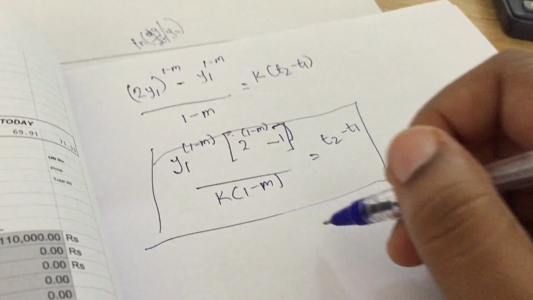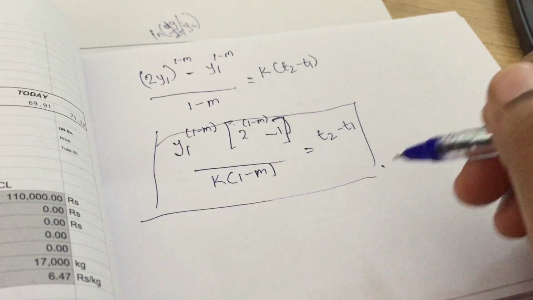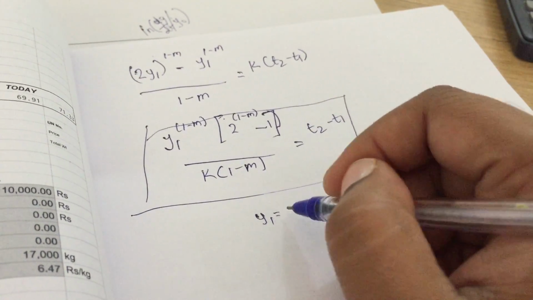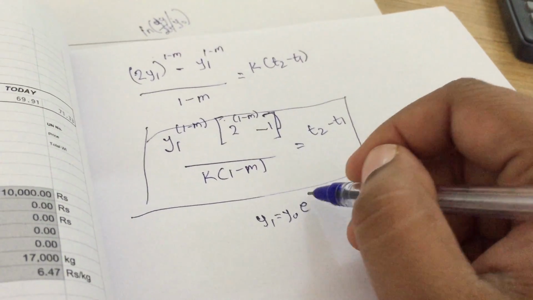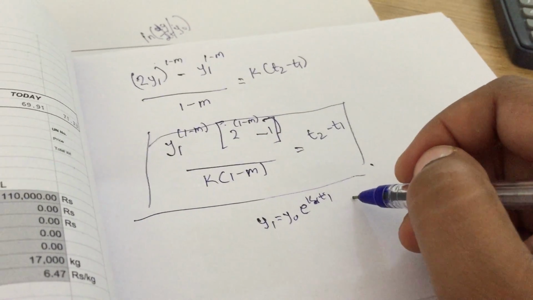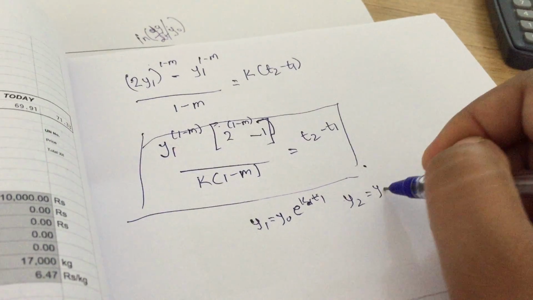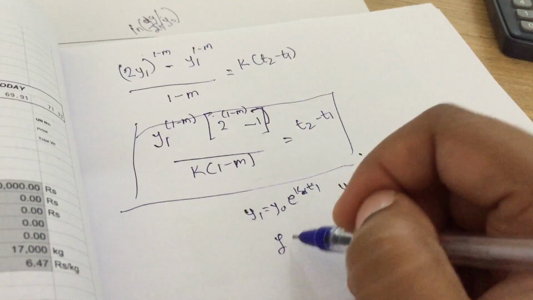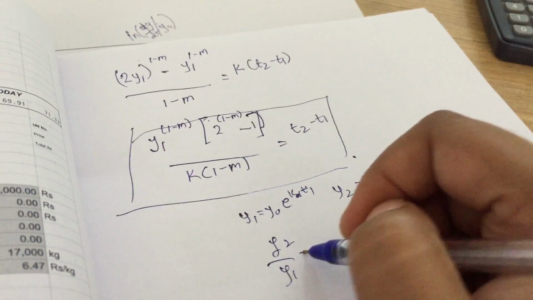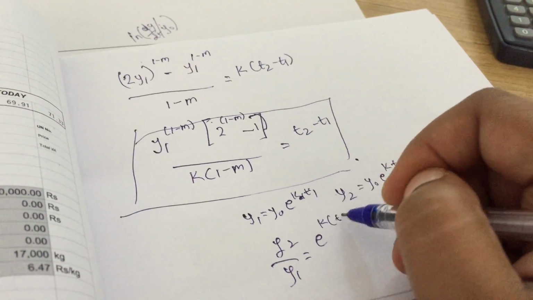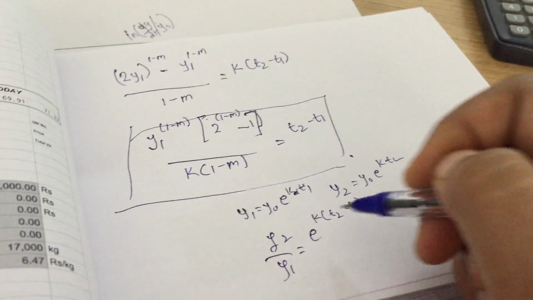And just to compare it to what it was doing in the exponential case, say y1 is equal to y0 e^(k t1), and y2 is equal to y0 e^(k t2). Now in this case you take a direct ratio, which is equal to e^(k (t2 minus t1)).